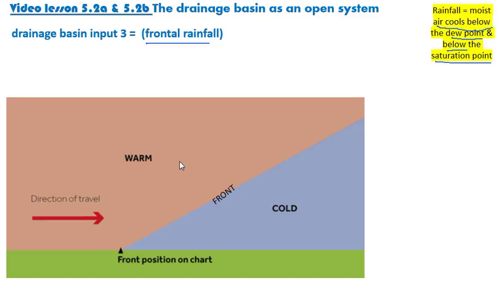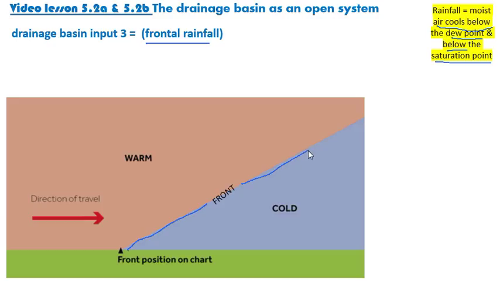All I mean by that is you can have a warm air mass, in this instance warm and wet air, and that meets a large body of cold and dry air. Where these two air masses meet, we get what's called a front forming.